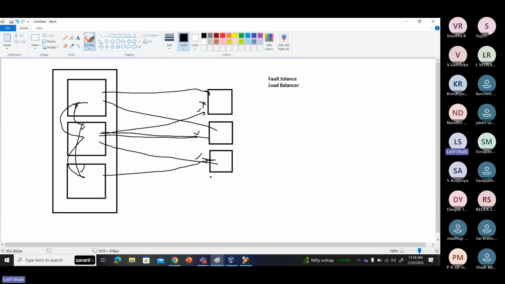On weekends, all 10 counters will work. Morning, maybe there is a relaxation for one counter, but evening, all counters will work. So why? Because of load balancing.